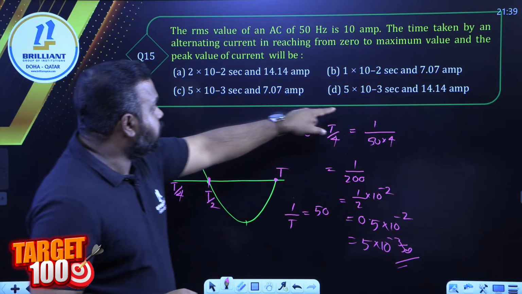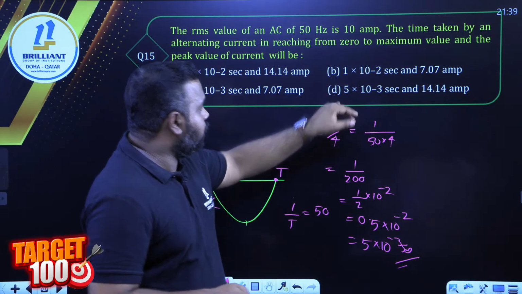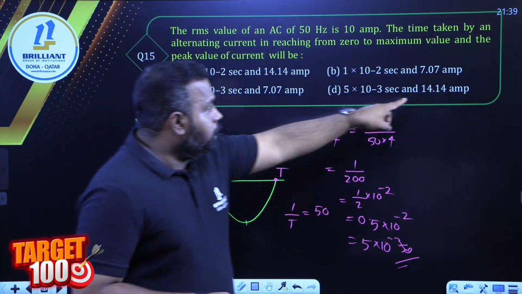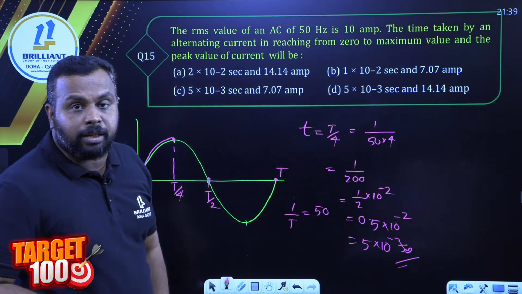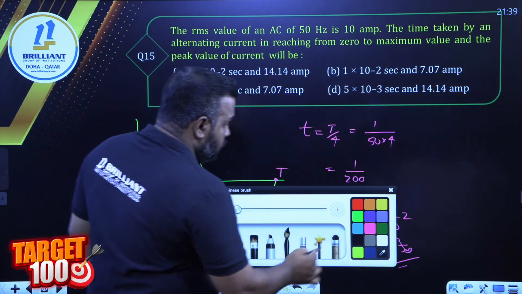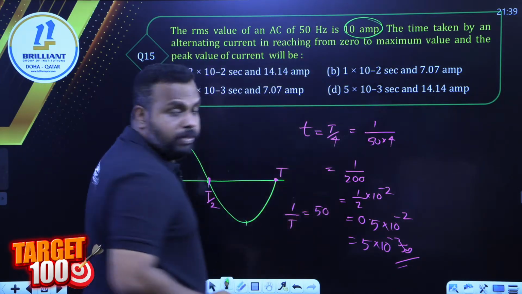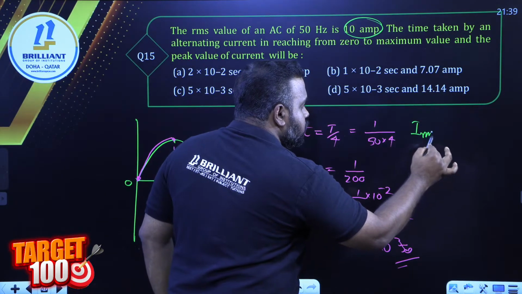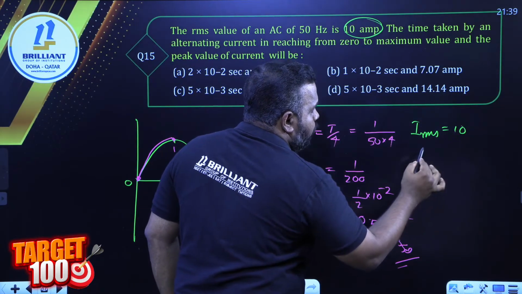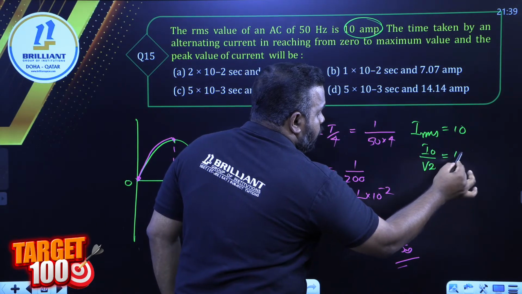Now, there are two options with the same answer: 5 into 10 to the power minus 3, option C and option D. What about the other part? The second question is the peak value of current. That's easy. The RMS value is given as 10 ampere. IRMS is equal to I naught by root 2, equal to 10.